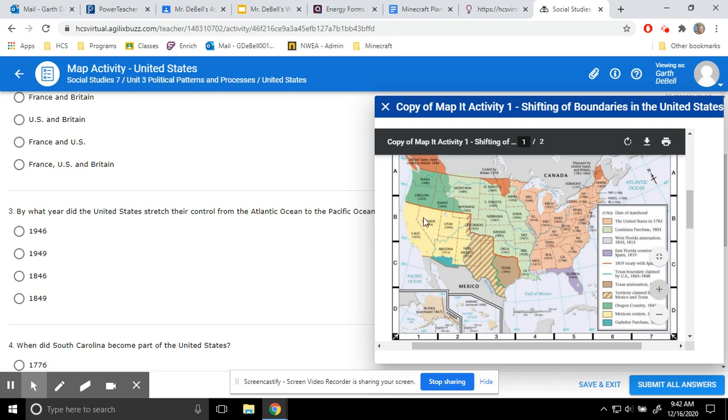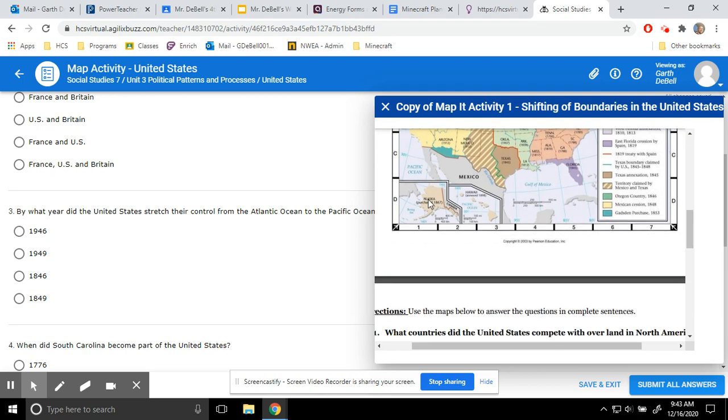You have two different areas. You have the Oregon area, this green area, the Oregon country, and then this peach area, which is the Mexican secession. And you have to look at the dates, which are blocked right now because of my little buttons here. But you're going to look at the dates, and whichever one of these happened first, that's the year that we managed to finally stretch our control from one side to the other, right?